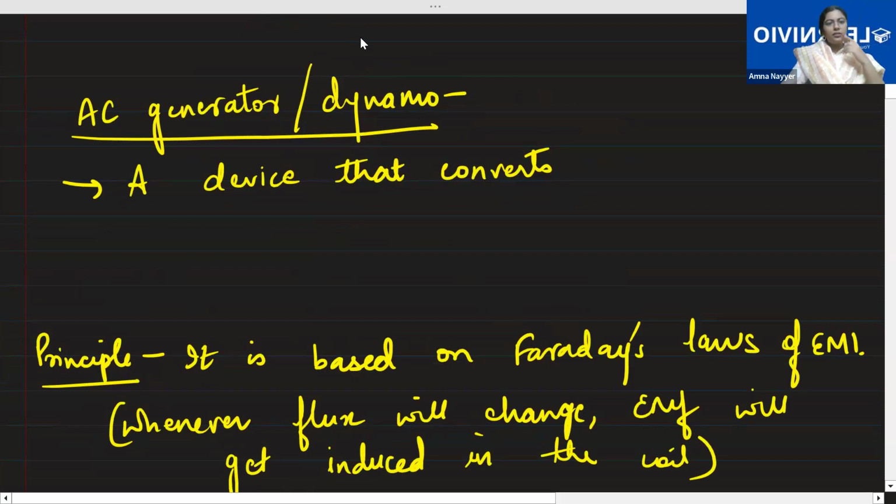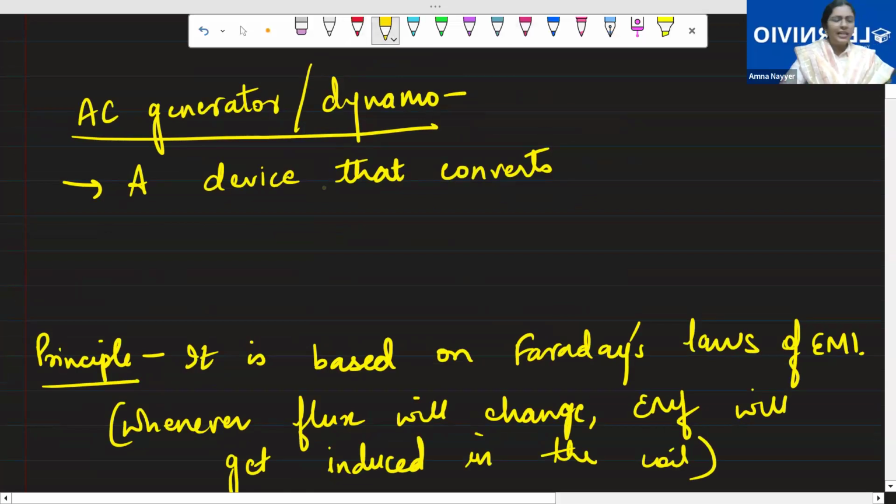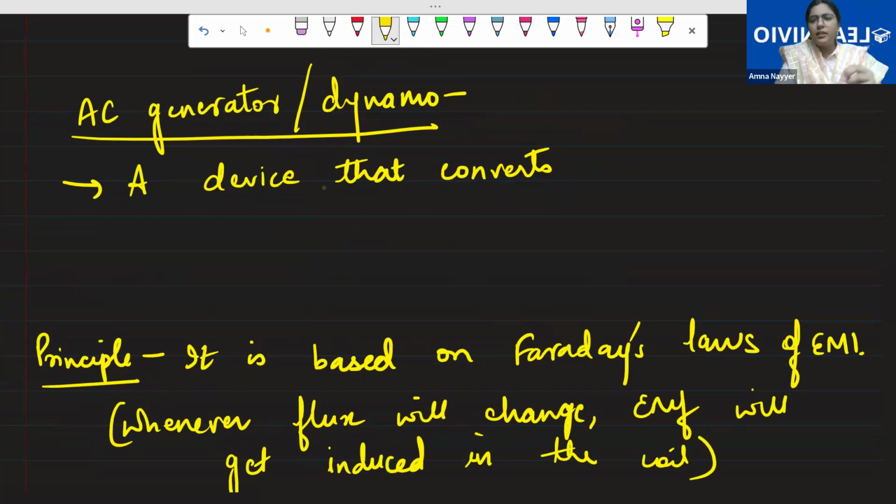See, when we talk about the AC generator, it is it is just similar Ma'am, to. you're not audible. I'm not audible. Ma'am, I can't hear you. Raneem, I'm not audible. Am I audible?